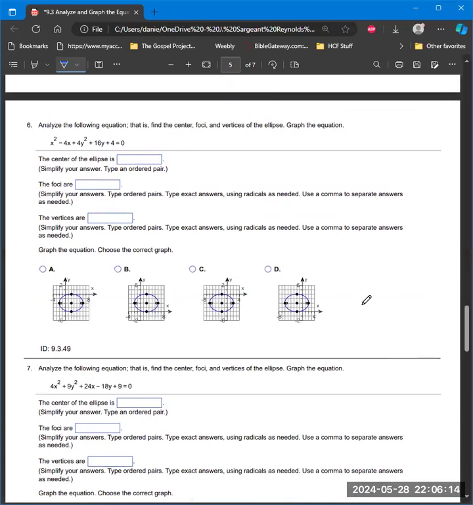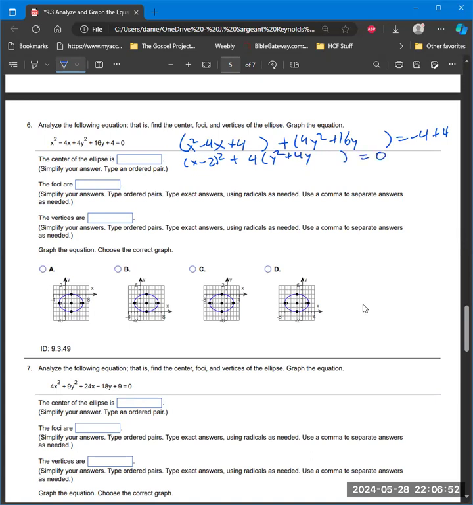Now we need to complete the square a couple times here to get this in the correct form. So x squared minus 4x plus 4y squared plus 16y. Then that's going to equal -4 over there. Half of -4 squared is +4. We're going to factor out this 4 here and get y squared plus 4y.